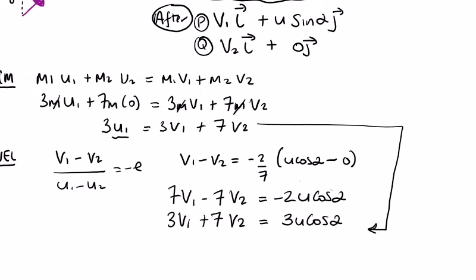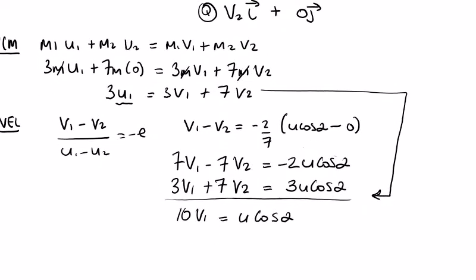If I combine these two, I'm going to get 10v1 is equal to just u cos alpha in this case. So v1 is equal to u cos alpha over 10.